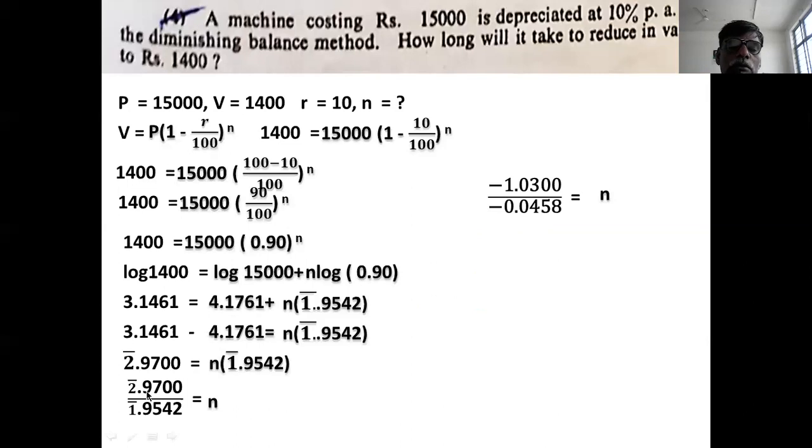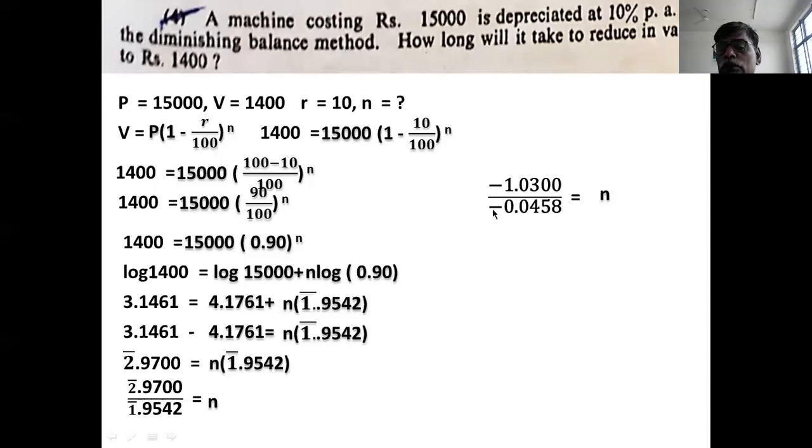Minus 2 plus 0.97, its answer is minus 1.03, and minus 1 plus 0.9542, its answer is 0.0458.